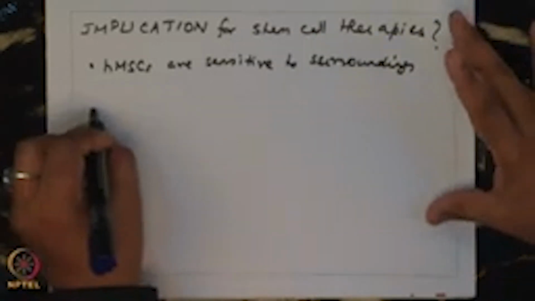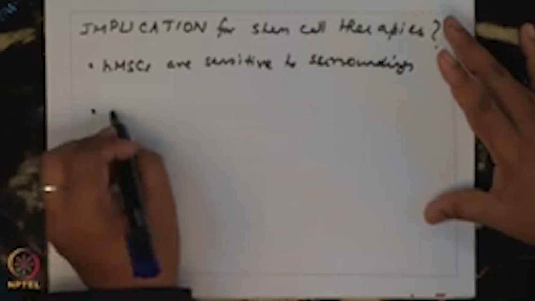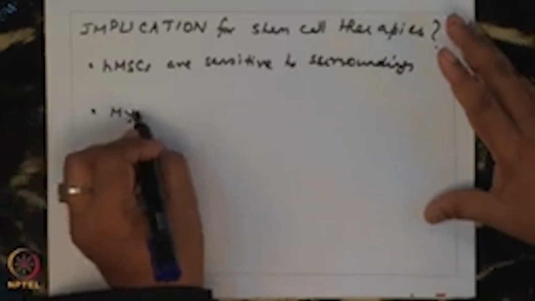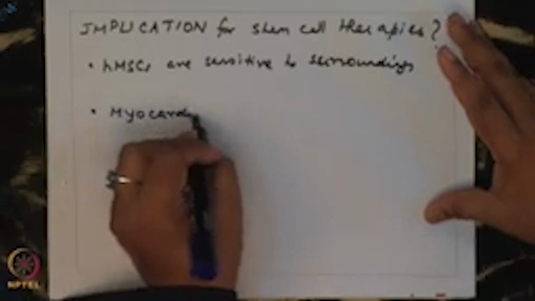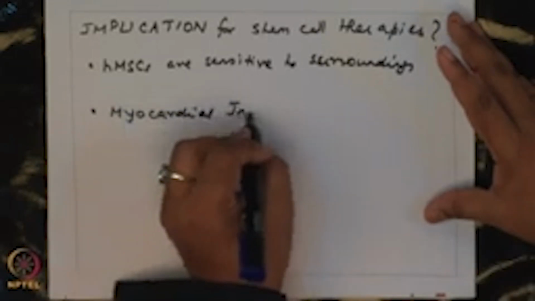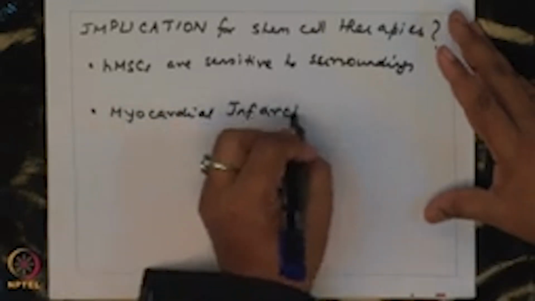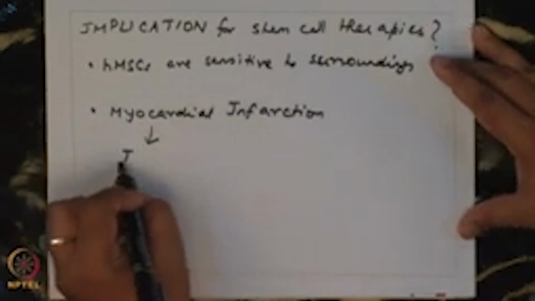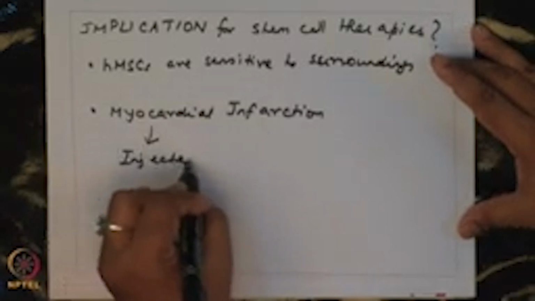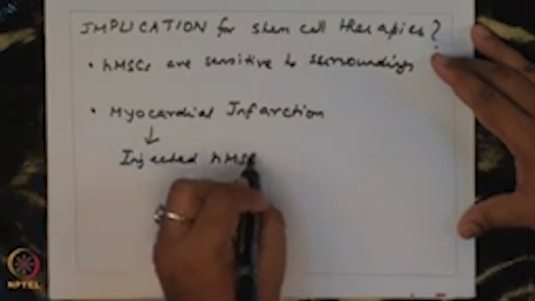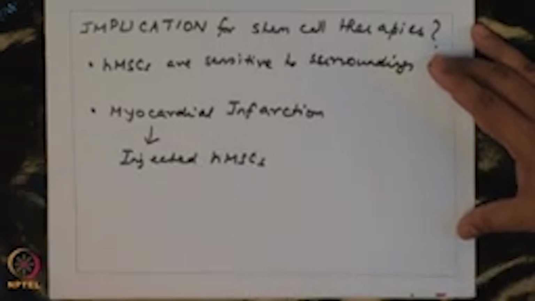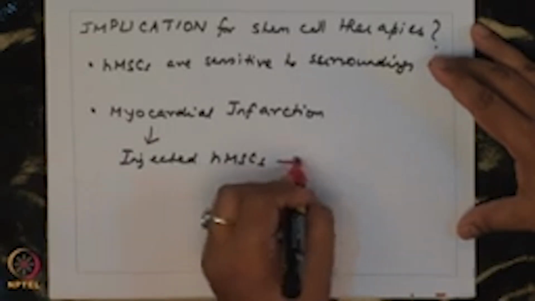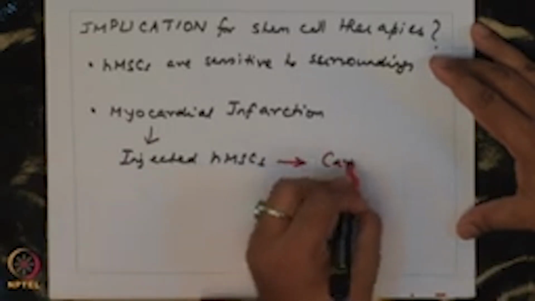There was one study in which they simulated a myocardial infarction and injected HMSCs. Ideally, you want the HMSCs to differentiate into cardiomyocytes.